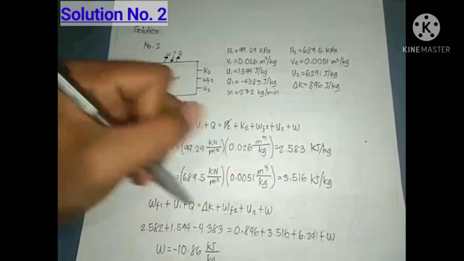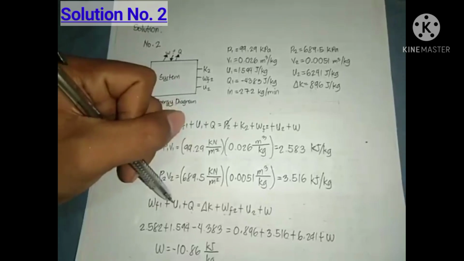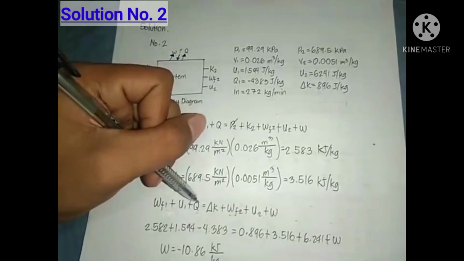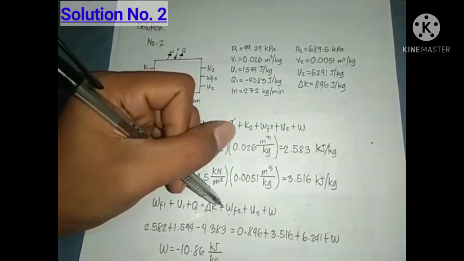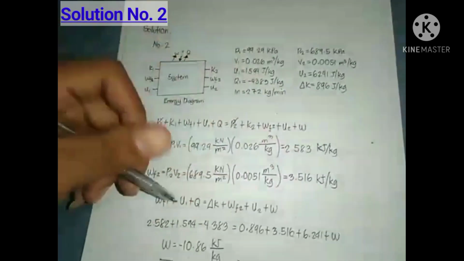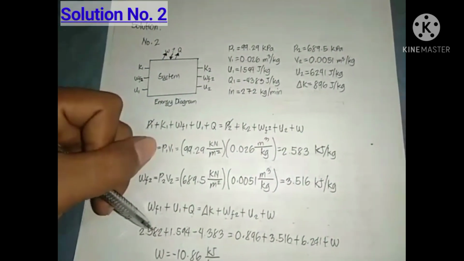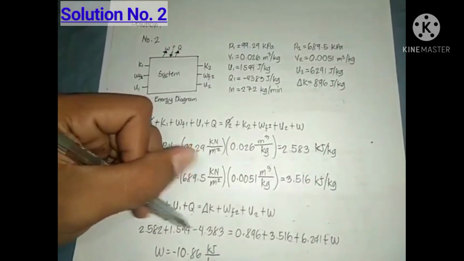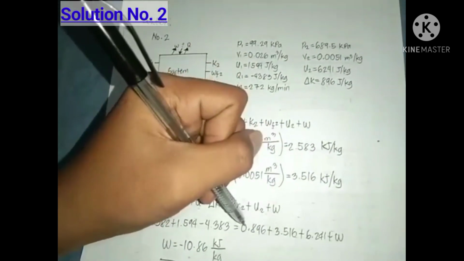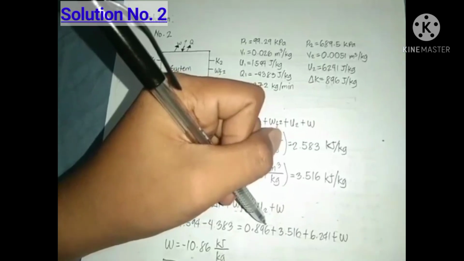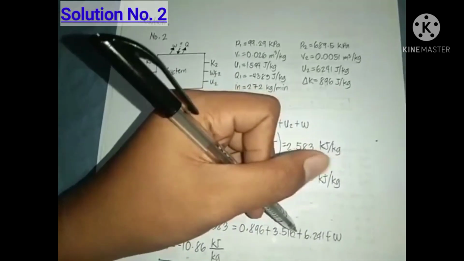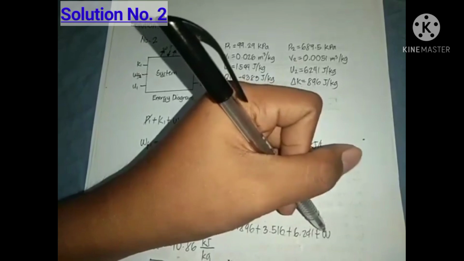To find the value of work, we use this formula: workflow 1 plus internal energy 1 plus heat is equal to change in kinetic energy plus workflow 2 plus internal energy 2 plus work. 2.582 plus 1.594 minus 4.383 is equal to 0.896 plus 3.516 plus 6.241 plus work.